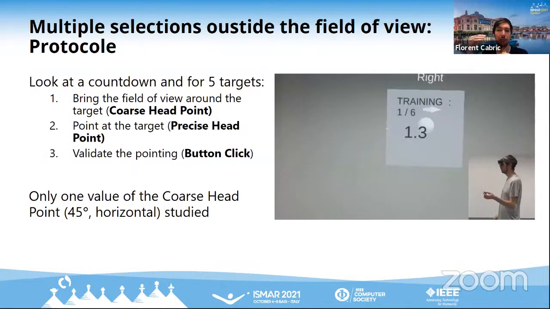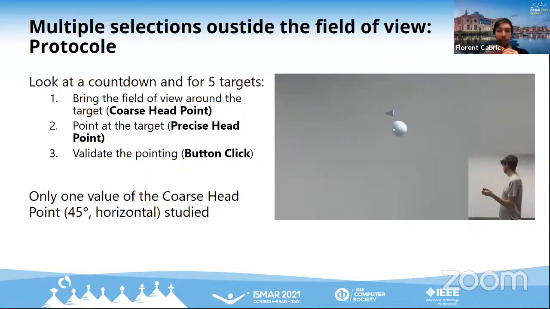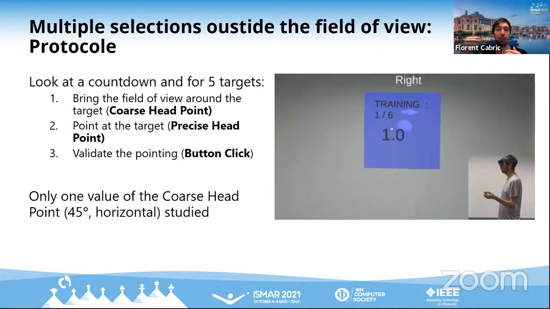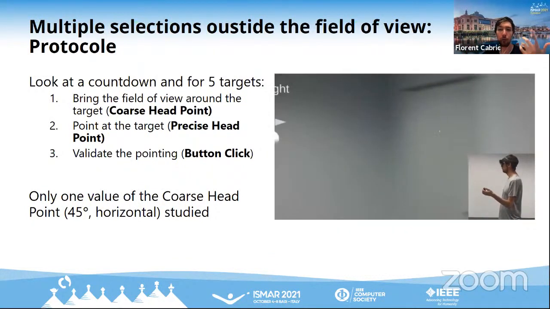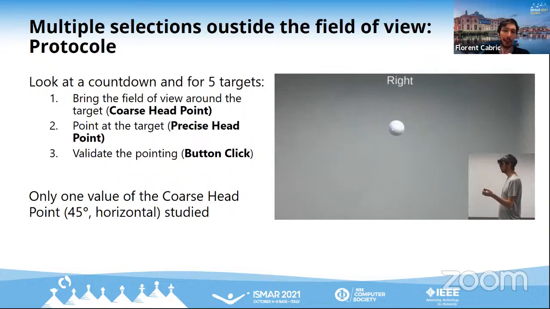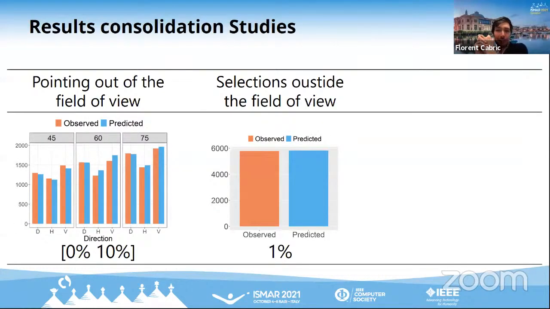The second study is a 5-target selection task where targets are placed outside the field of view. This task involves a coarse head point operator, a precise head point operator, and a button click operator. They have to bring the field of view around the target, point at the target, and then validate the pointing. The difference for this task is only 1%, so this also validates the model.